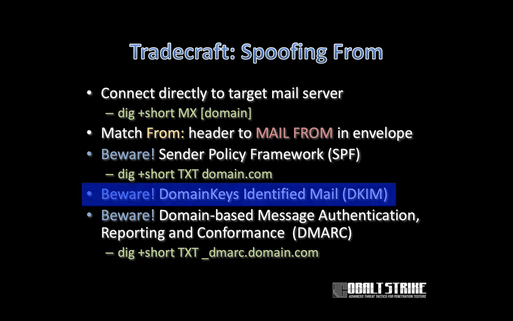Another anti-spoofing measure to be aware of is Domain Keys Identified Mail, or DKIM. Domain Keys Identified Mail is a standard where a mail server can sign a message in its content.